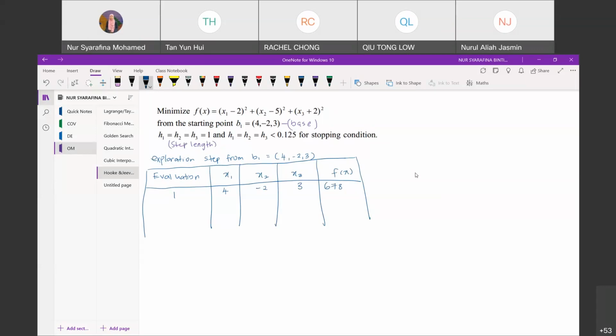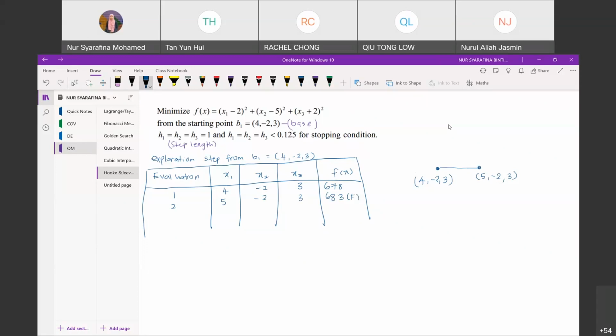Now, in the second evaluation, you move to the right, to (5, -2, 3), which gives you 683. This is higher than the previous function value from your base, so we decide that this is a failure.